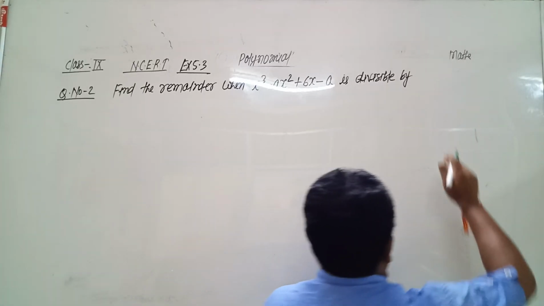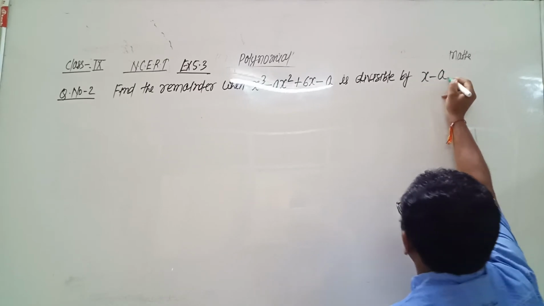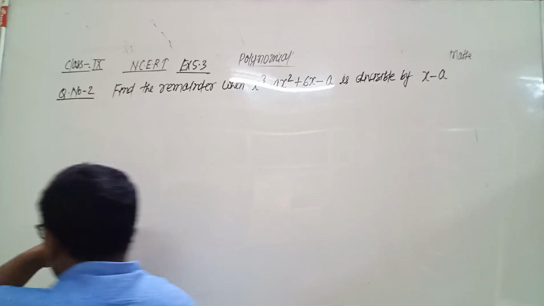We have to find the remainder when the given polynomial is divided by x minus a.